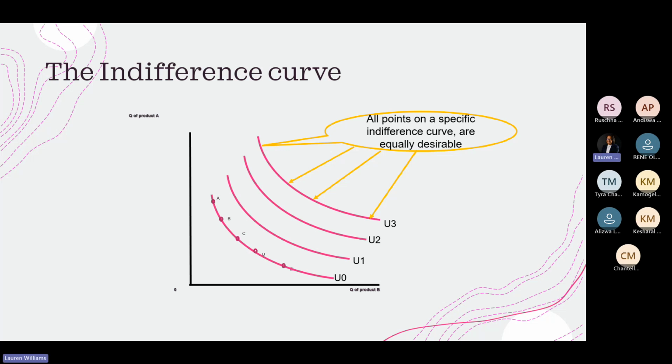So then we have, as consumers, multiple indifference curves. Okay. In understanding that the higher the indifference curve is, the higher your level of satisfaction has become. So we are constantly chasing, remember, more is preferred to less.